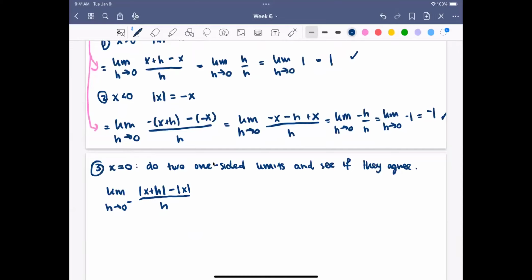So I'm going to replace x with 0 right over this. This gives me the limit as h approaches 0 from the left of absolute value h divided by h. Does it make sense why this is the limit that we're looking at?